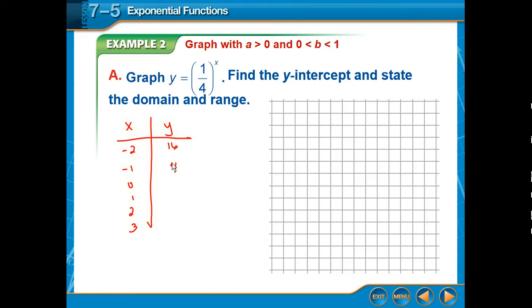Anything to the power of 0, remember, is just 1. So this is 1. If I raise anything to the first power, it's whatever it is, that's 1/4. To the 2, it's going to be raising 1 and 4 to the second power, so it's going to be 1/16. And 3, that's going to be 1/64.